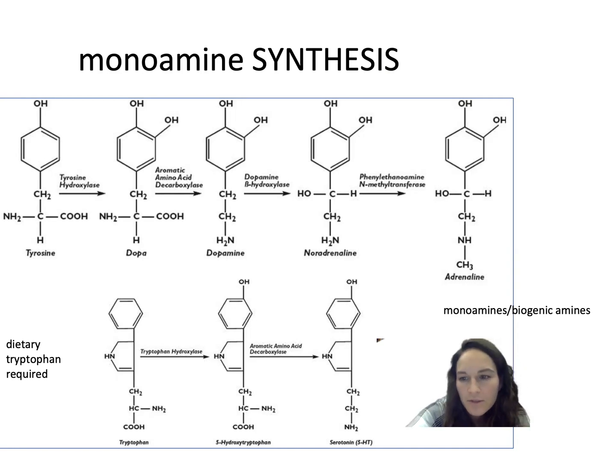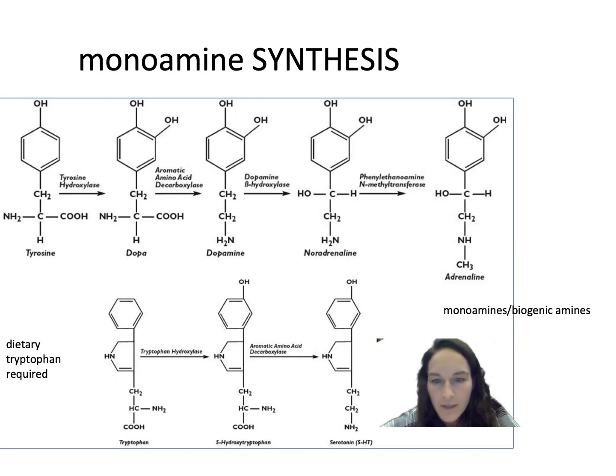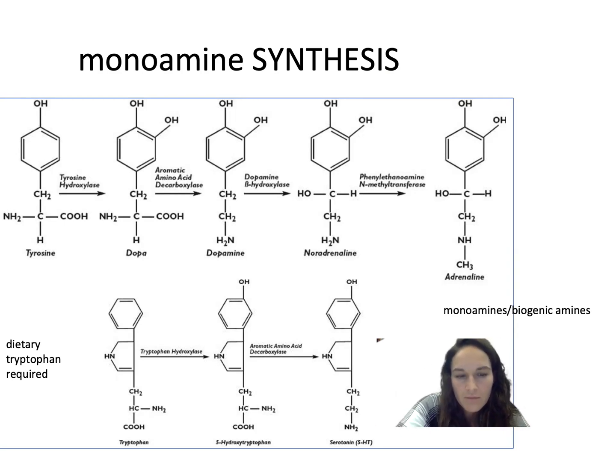Epinephrine and adrenaline are interchangeable terms, and noradrenaline and norepinephrine are interchangeable terms. We use them interchangeably throughout the course. Throughout neuroscience, they're really just like American versus British terminology. So adrenaline and epinephrine, same thing. Noradrenaline, norepinephrine, same thing.